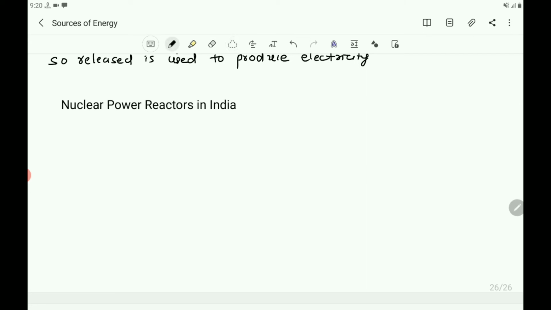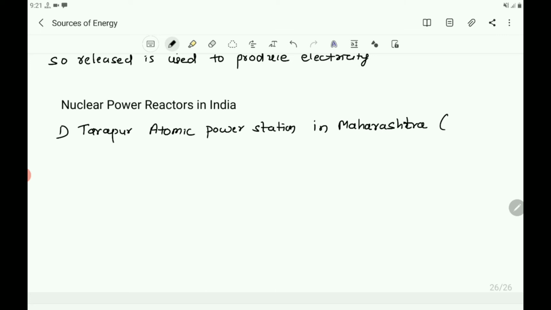First one you write Tarapur Atomic Power Station in Maharashtra. That is 420 MW.